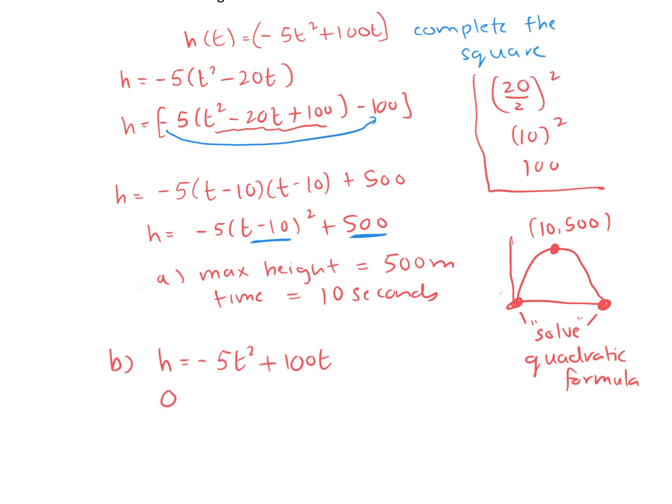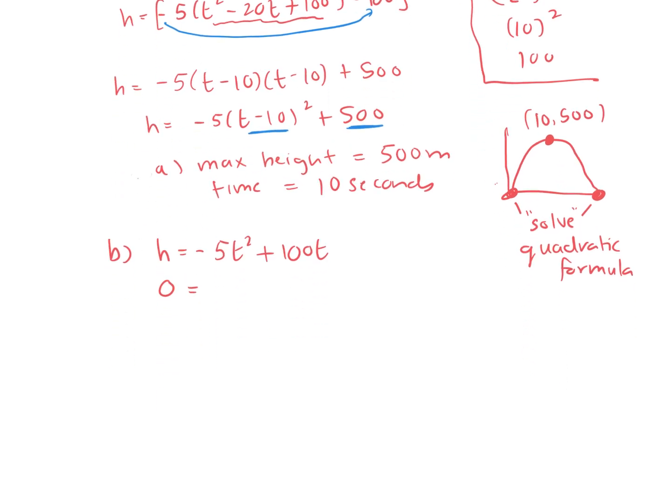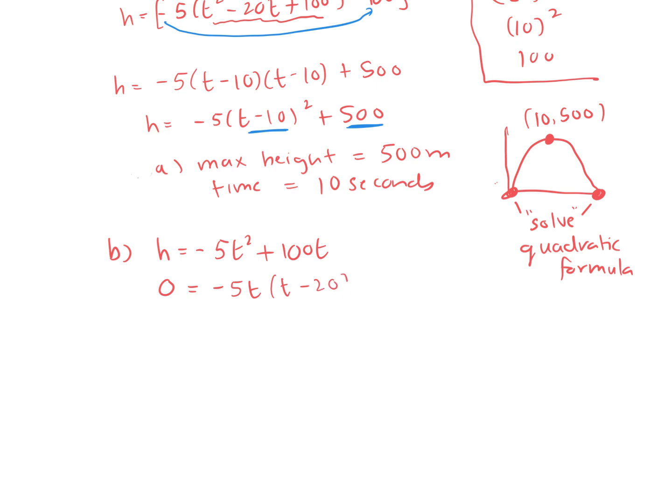So since we're solving, we want it to equal 0. So we think about height when it hits the ground. The height would be 0 when it hits the ground. First thing in factoring is always, is there a common factor? I see a common factor of not only -5, but also t. So that would leave me with t minus 20.